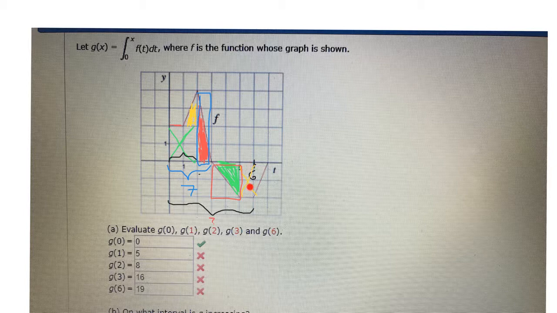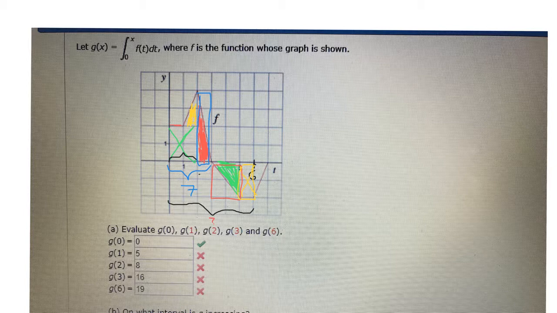So the area of this yellow, maybe we could make that a rectangle too. This yellow rectangle, the area of this yellow rectangle is 2, plus the area of this green shaded triangle is another 2, so that's going to be 4.